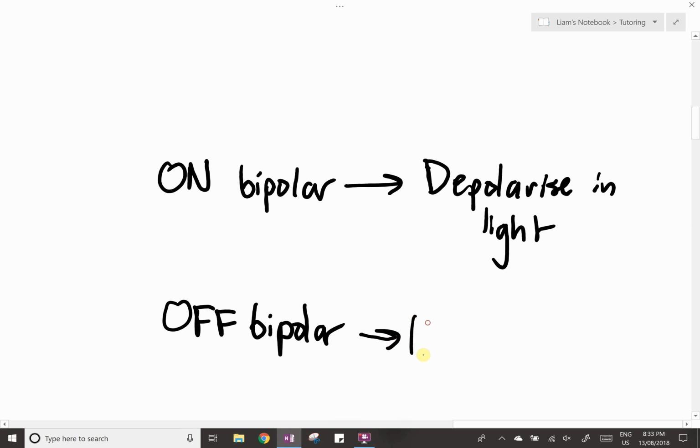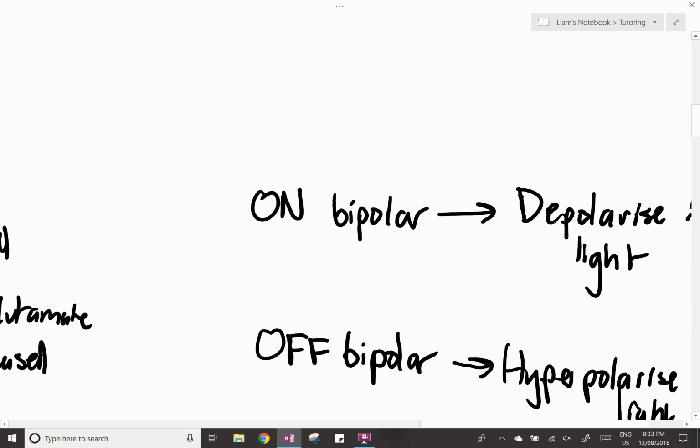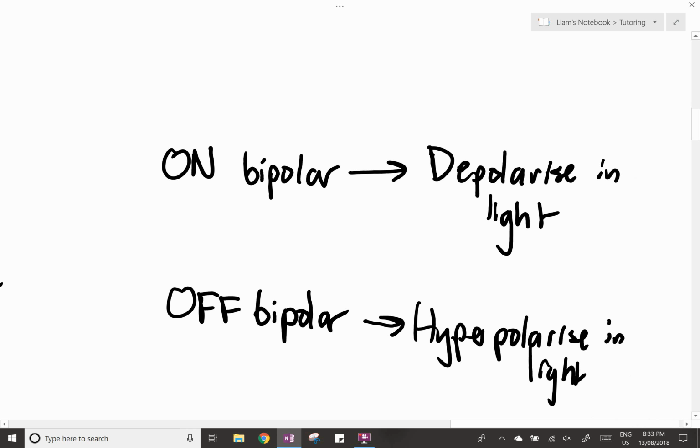Off bipolar hyperpolarize in light. So in both cases, they're reacting to the same stimulus. The stimulus is a decrease in glutamate release. So what that means is that we must have something that's different in the glutamate receptor between on bipolar and off bipolar cells.